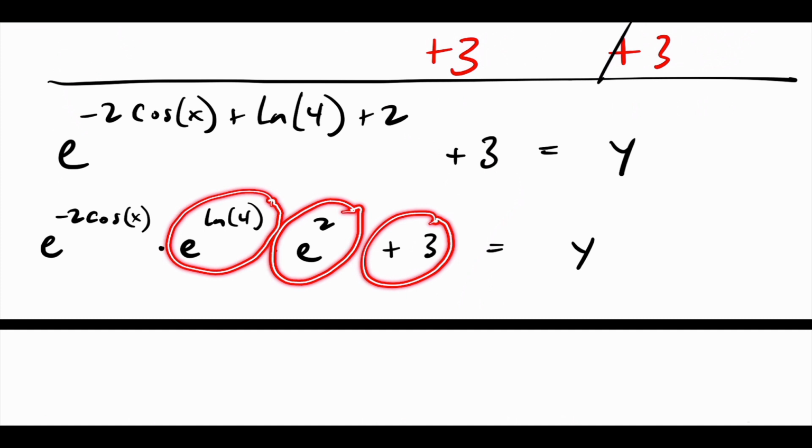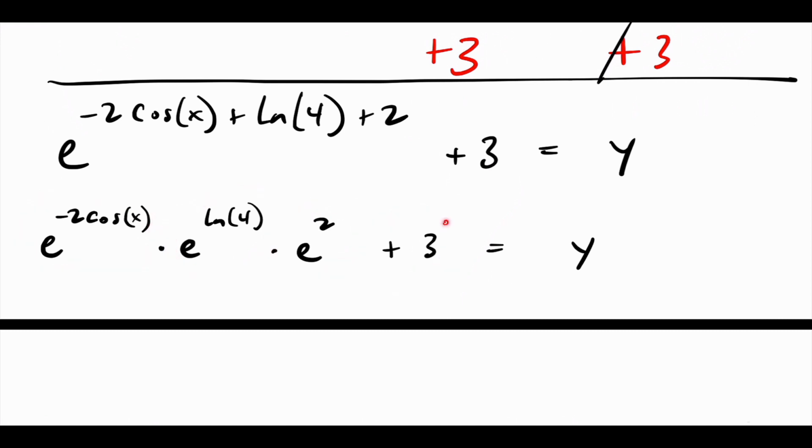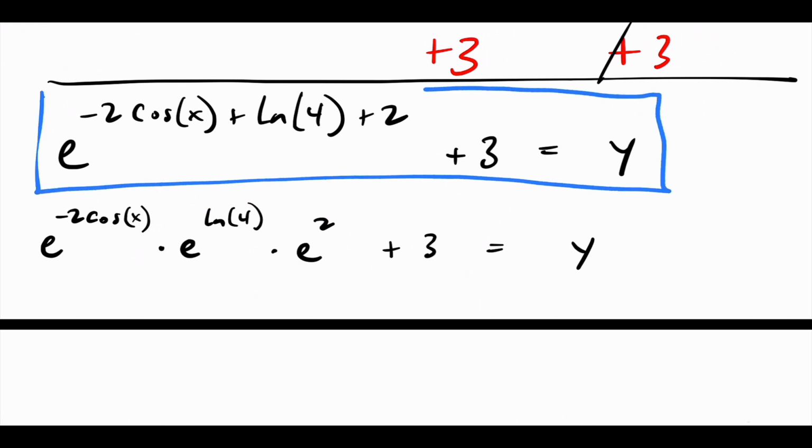The only thing that's a variable is this guy here. So if it was calculator, they would probably have you multiply these two together, add 3, and then do that. But most of the time it's a non-calculator, so this is as far as I can go.